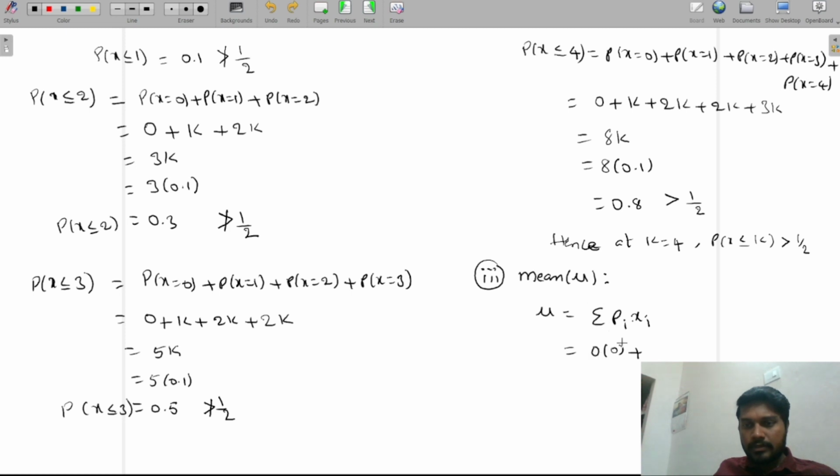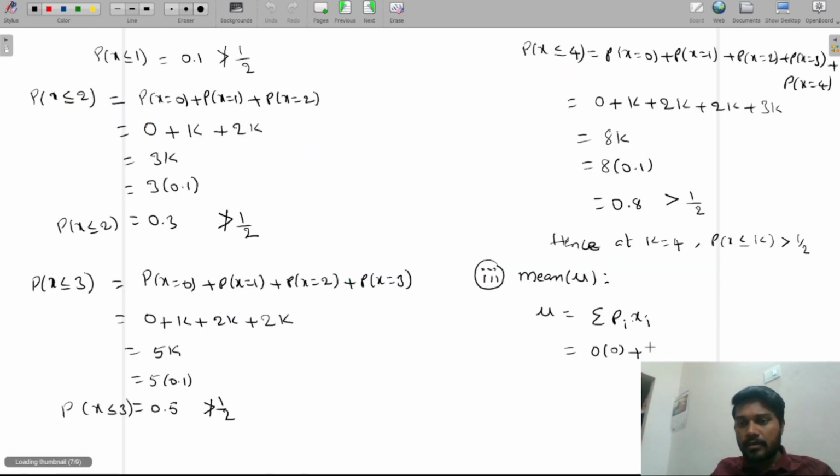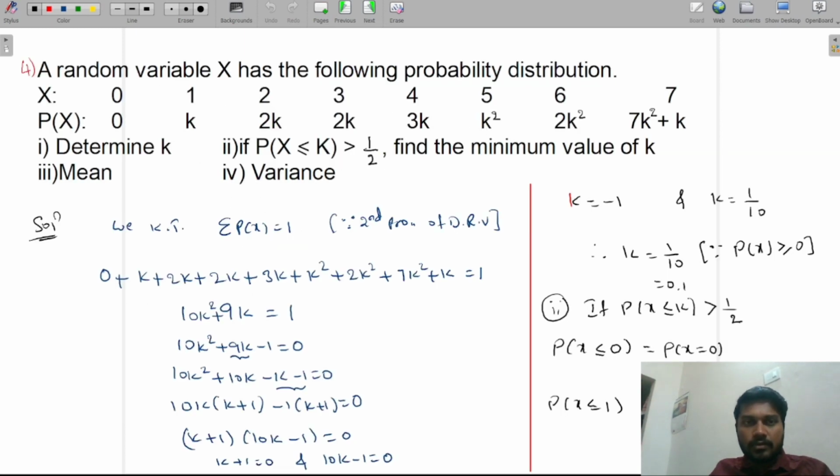plus next, what is there in the table? 1 and k, right? So 1 into k, plus next number in the table, 2 into 2k, 3 into 2k, 4 into 3k, 5 into k square, 6 into 2k square, 7 into 7k square plus k. Yes or no?